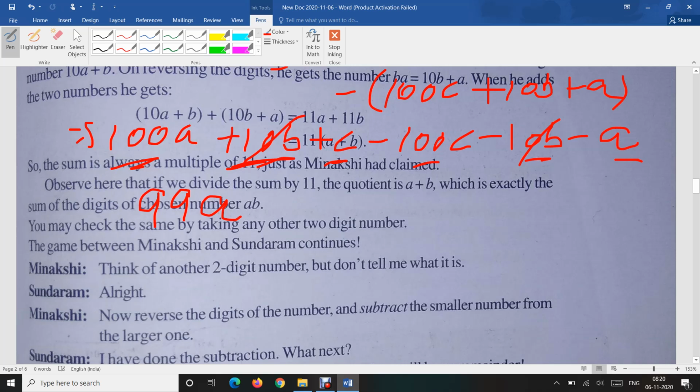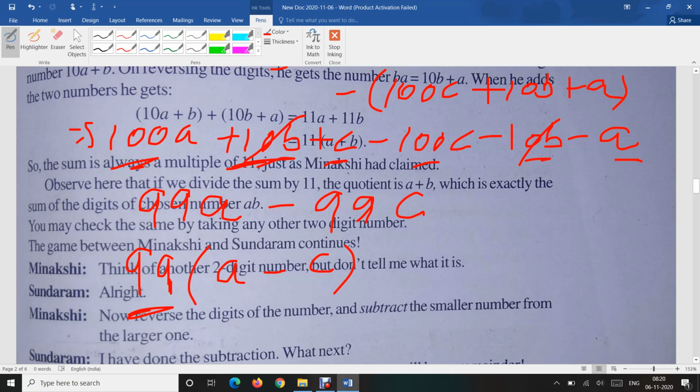Now plus C minus 100C, that means minus 99C, because 100 minus 1 is equal to 99 and 100 is greater, that's why the sign will be negative. If we take 99 outside as a common factor, then inside we are left with A minus C. That means the result will be divisible by 99.